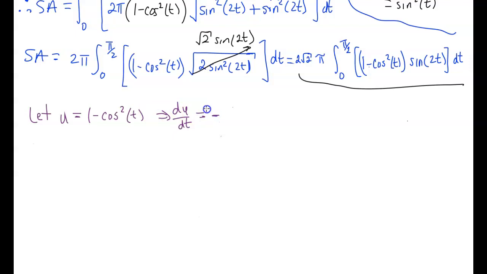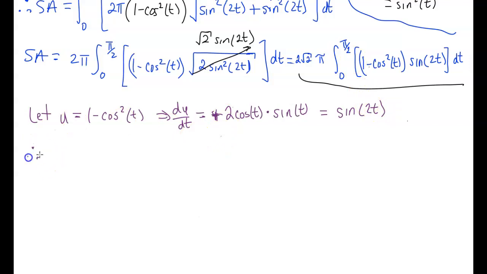We'll have a minus. Derivative of cosine squared would just be 2 cosine of t times the derivative of the inside function, cosine, which would be minus sine t. So that would make that a plus there. And we know that this, in short, would just be written as sine of 2t. Okay.